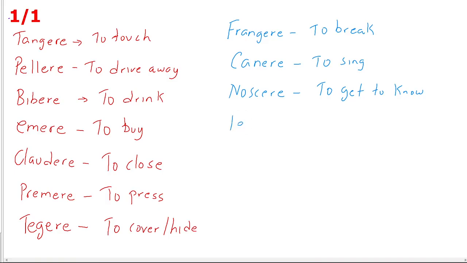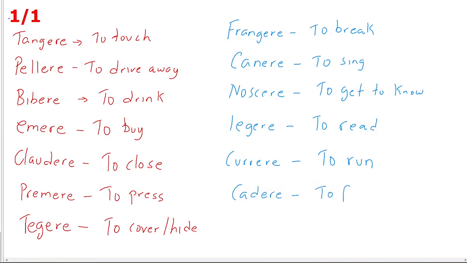You have legere, to read. Currere, to run. Cadere, to fall. Gerere, to bear or carry.